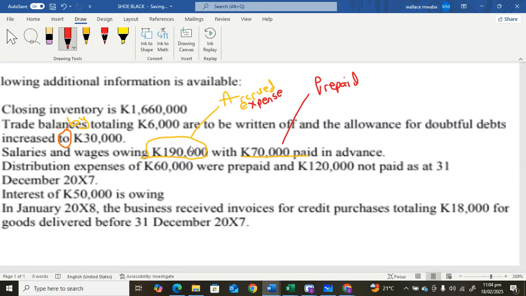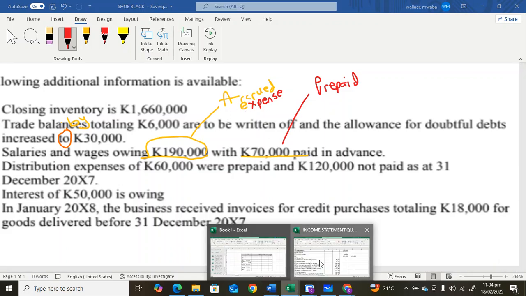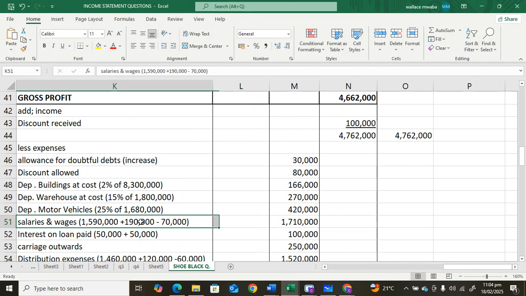This accrued expense of 190,000 on the statement of profit or loss, we are going to add. As you can see here in this tabulation, we are saying plus 190,000. We're adding it to the wages expense, salaries and wages expense. Okay.